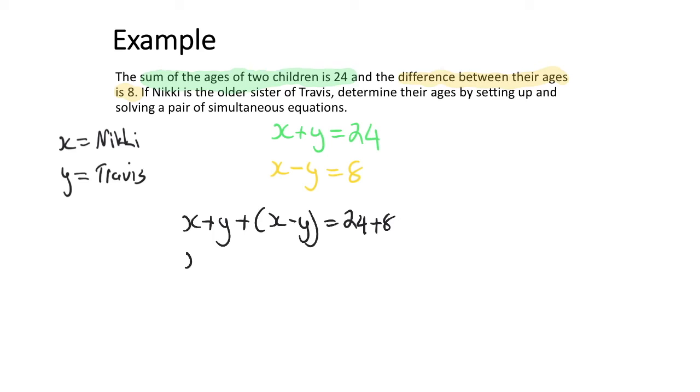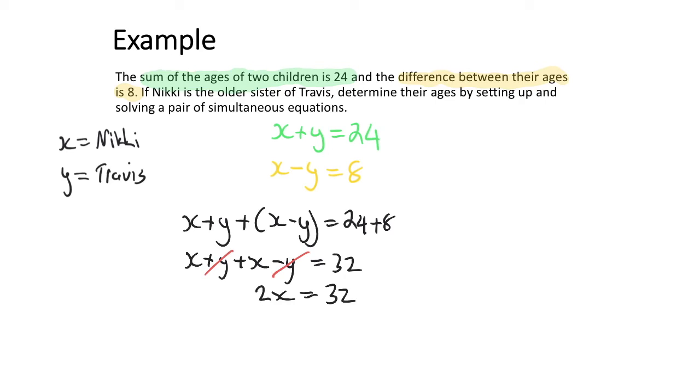Removing the brackets, we have x plus y plus x minus y is equal to 32. Simplifying by collecting like terms, we can see the plus y and the minus y are going to cancel each other out. That's why it's the elimination method, and that will leave me with 2x is equal to 32.